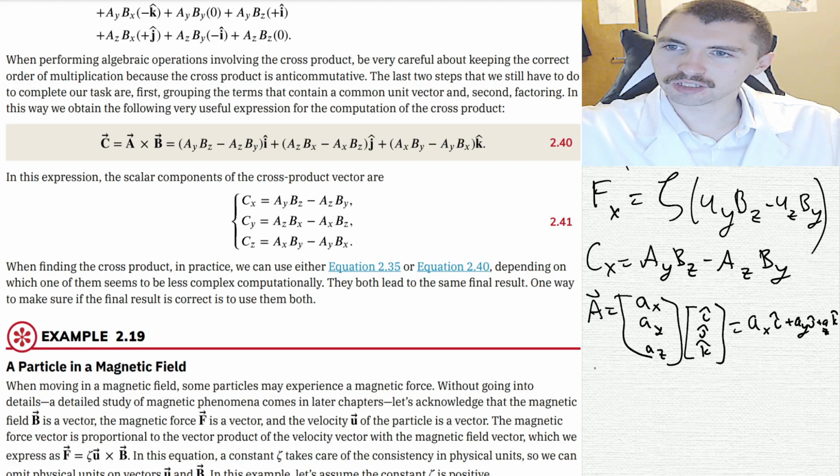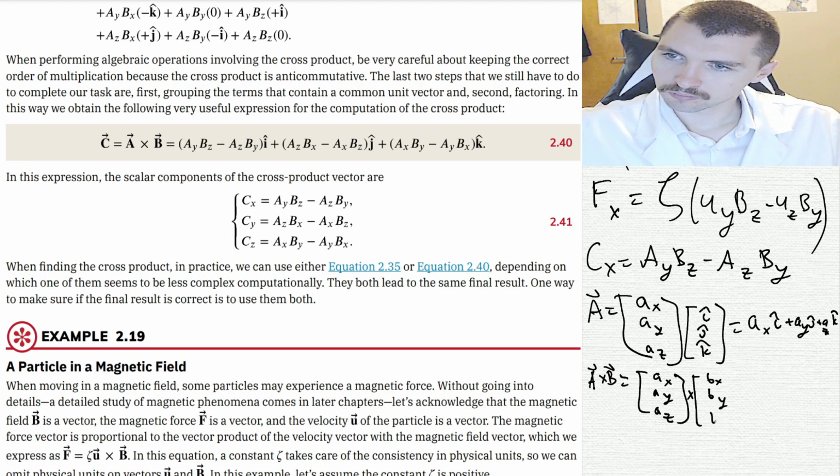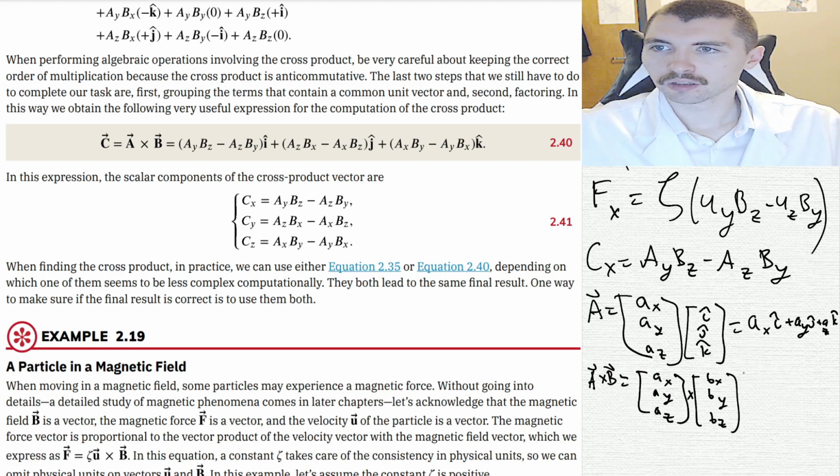So if B is like that, then it would be cross this. I think it would just be multiplied by this as well.